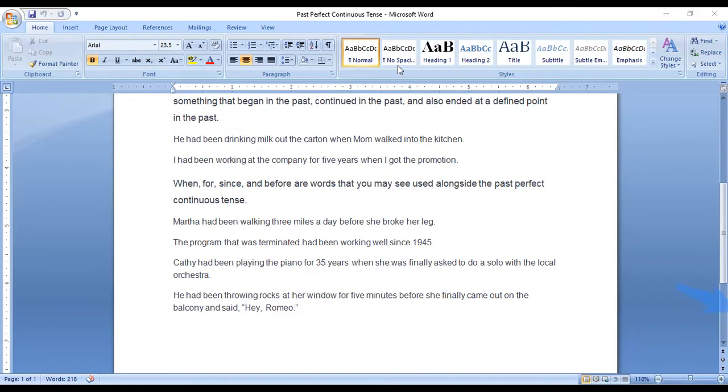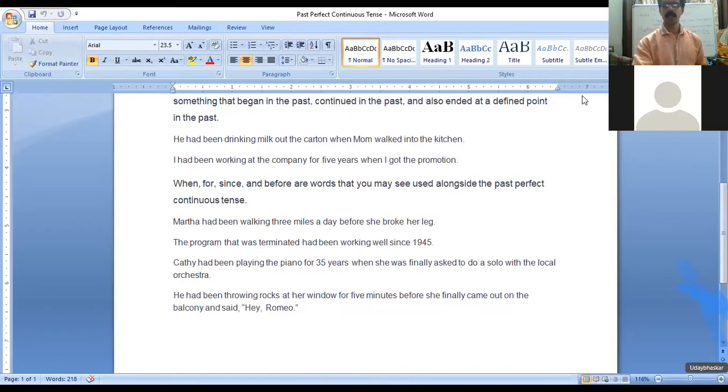For: we can use for 5 hours, for 6 days, for 6 months. Since also, since a particular time: since Monday, since January, since December, since 2010, since 2005, etc. We can use these time reference words here, so remember the time references.